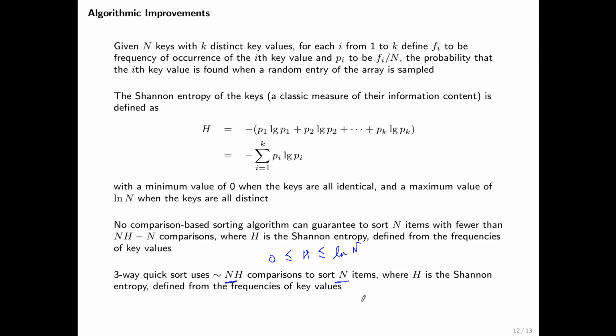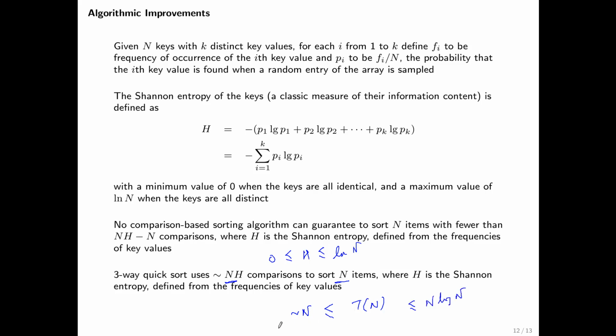So the running time of three-way quicksort is greater than or equal to, let's say, approximately n, and less than or equal to n log n.